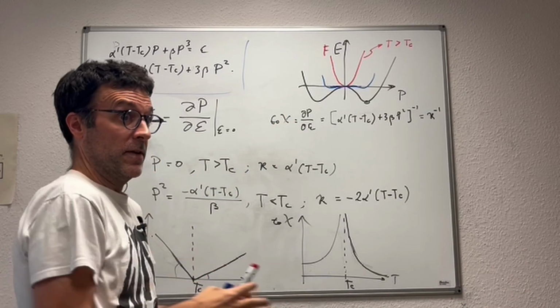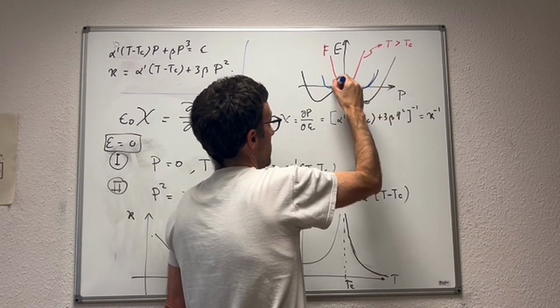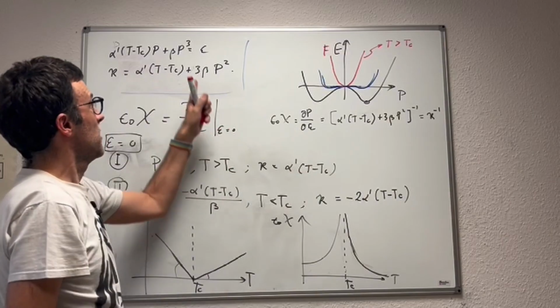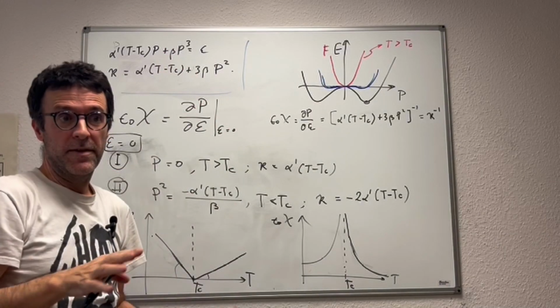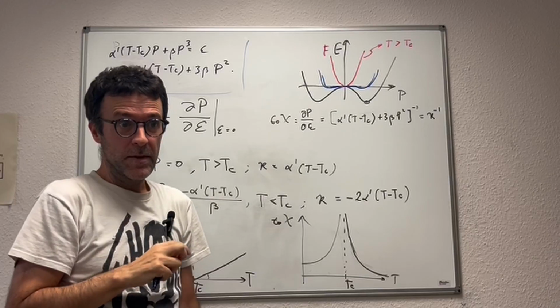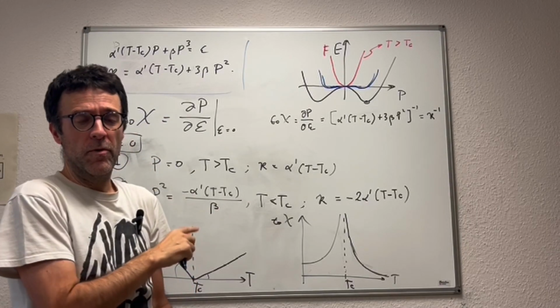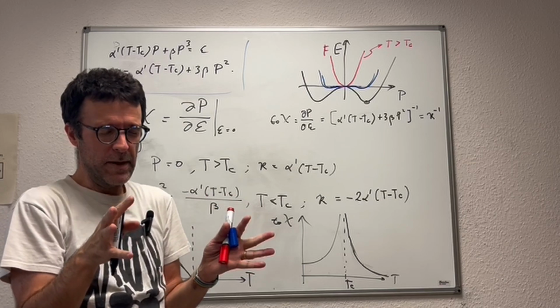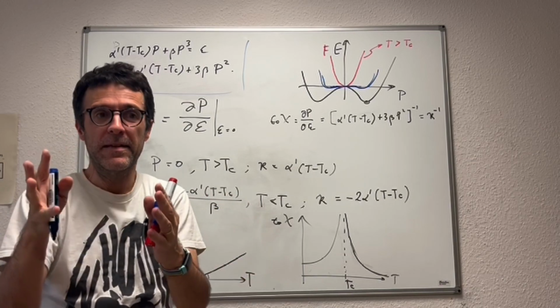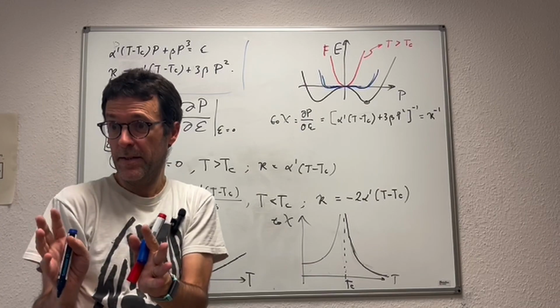You apply an electric field and the polarization will overreact. But eventually, the polarization will be controlled by the other part of the energy, this beta term. Okay? And this is really how the physics works. So even though before, when we were working out our simplest Landau potential, we said that a parabola is enough, well, above TC, a parabola is enough.